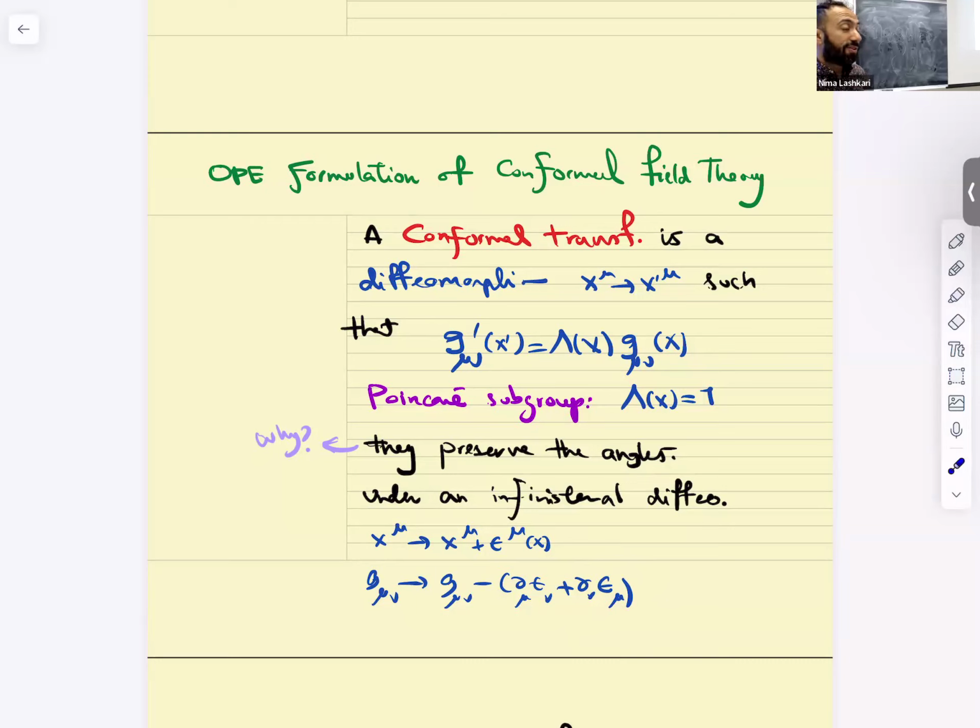The metric is a 0-2 tensor, so under a diffeomorphism it will transform as ∂x'^μ/∂x^α ∂x'^ν/∂x^β g_μν. You expand these to first order in epsilon, and this is what you get. This has a name: it's called the Lie derivative of the metric.